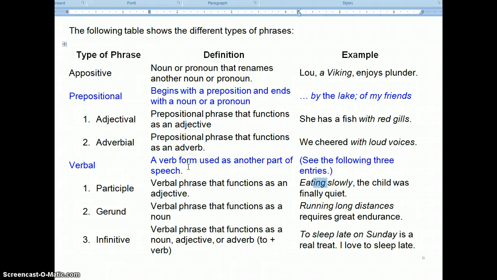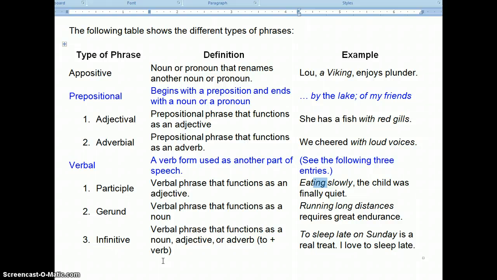Ing, ed, think of irregular verbs that end with en, like broken, or other forms of your irregular verbs. So your participle and gerund are going to have the verb ending that you should be able to notice, and then the infinitive is very easy to recognize. It is to plus a verb.